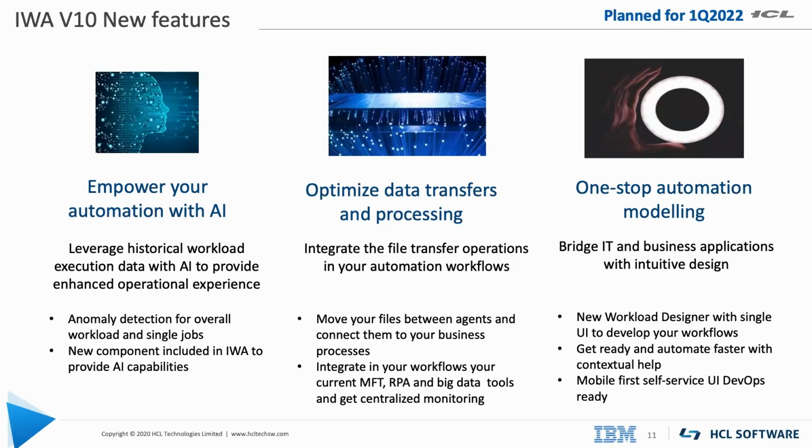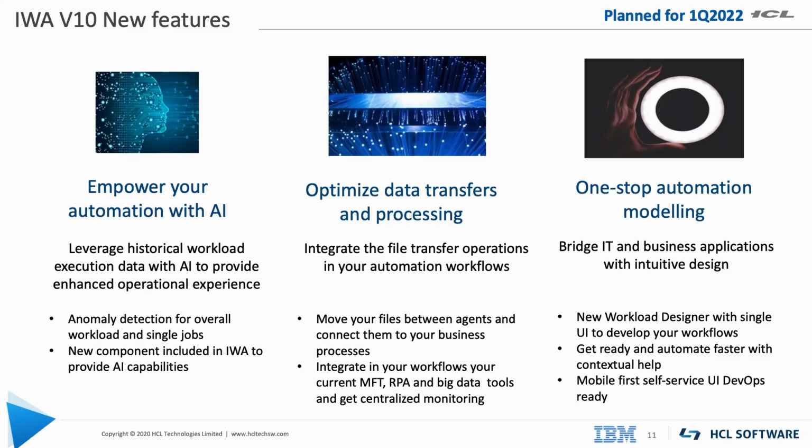Now we are adding an important new capability to the product: the possibility to use the workload automation agents to move the files directly without the need of an FTP protocol or another external tool.